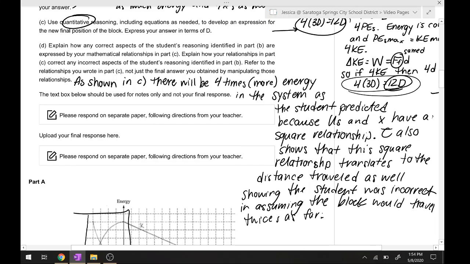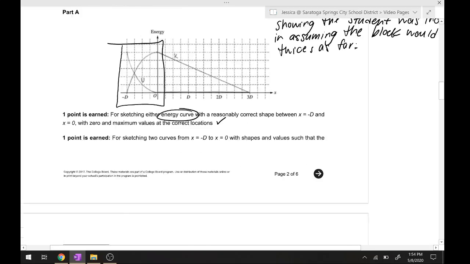Okay, so I referenced what's correct, that there is more energy, and I referenced how C says that, and then I referenced what's incorrect, that the student is saying it has traveled twice as far, and I'm saying in C, we show that that square relationship transfers through to that distance.